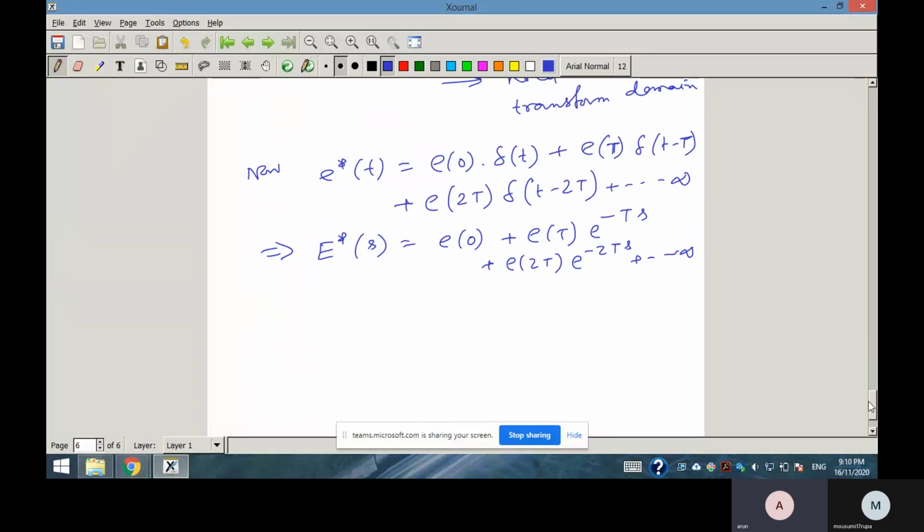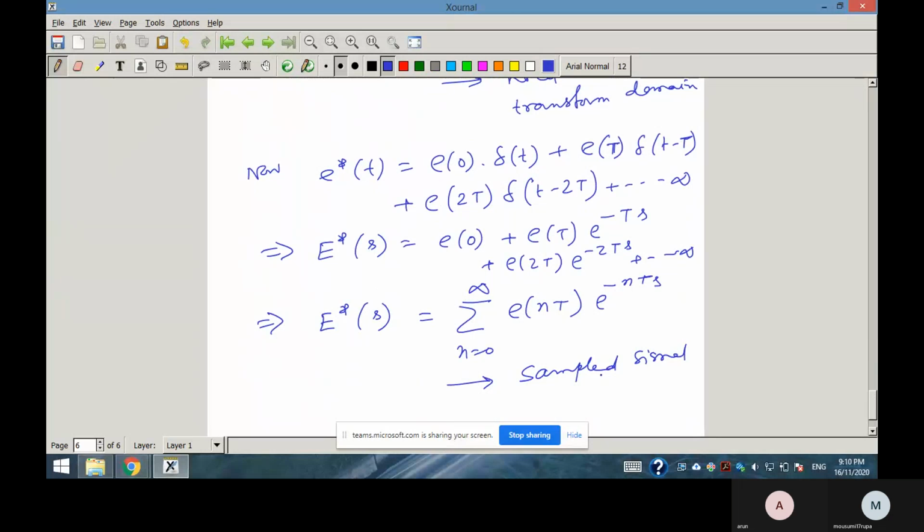So this will ultimately imply E star(s) equals the summation for n equal to 0 to infinity of E(nT) into e to the power minus nTs. So this is your sampled signal in the transform domain.